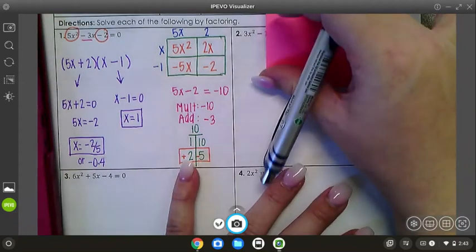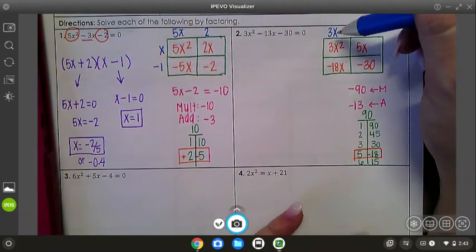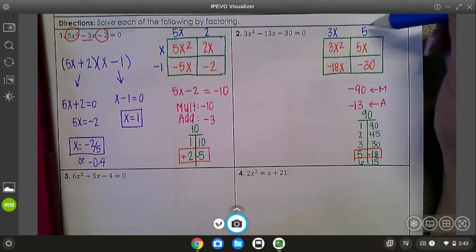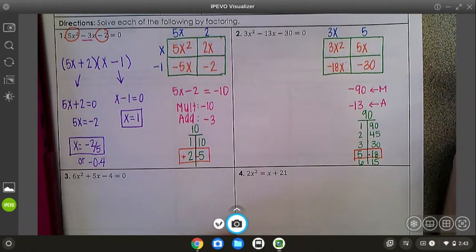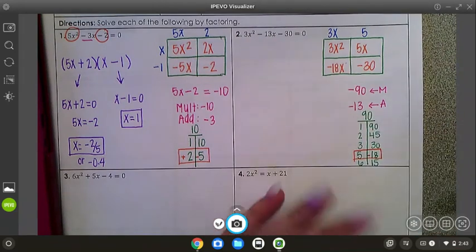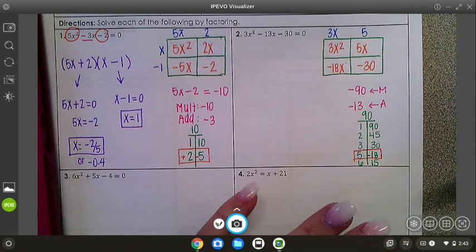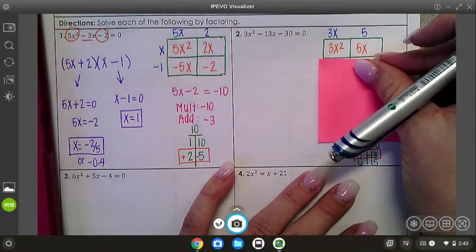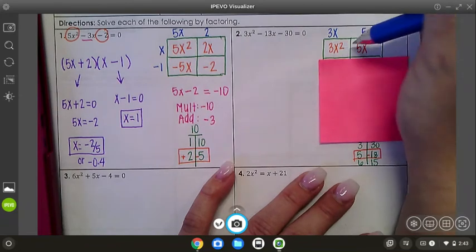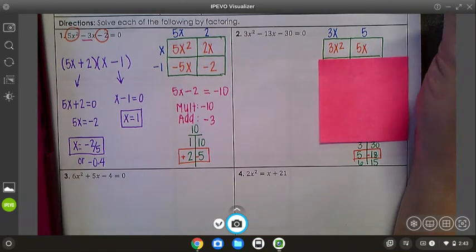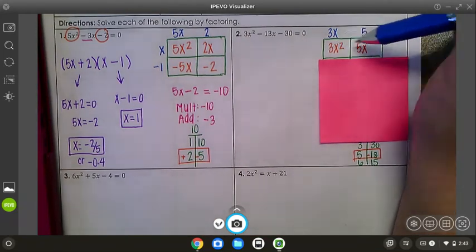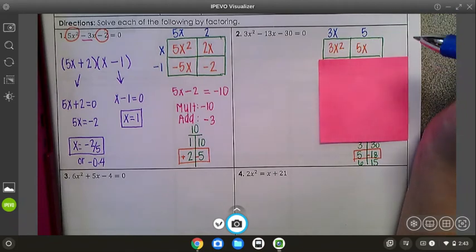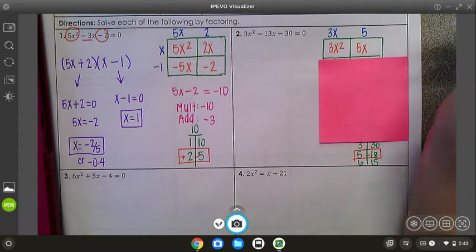And actually, when you do these problems, your first one will always have an x. Your second one will just be a number. It's kind of a good thing to keep in mind because that's the only types of problems that you're going to have. 3x squared and 5x. Is there anything that you can divide both 3 and 5 by? There's not.